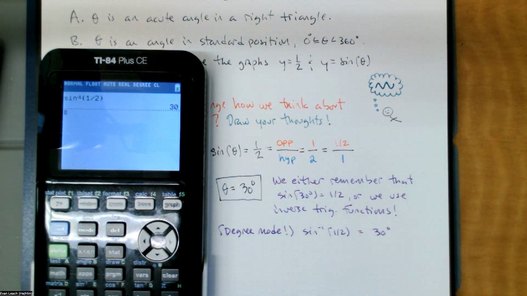It makes sense to answer this question in degrees because if we're talking about acute angles of a right triangle, we're going to be speaking in degrees. Degrees is the language of measuring triangles.